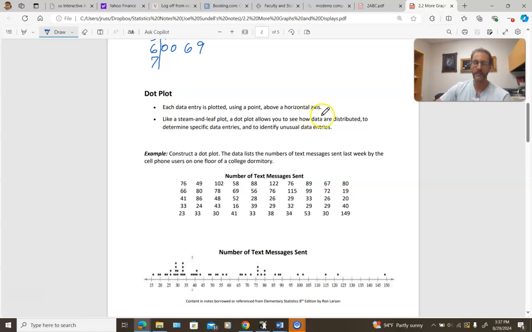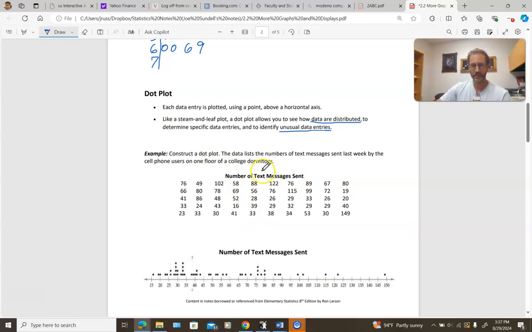And again, this is another great way to see and observe how the data is distributed, and also to observe any what are called outliers. Okay, so this one right over here, the dot right here that represents the data entry of probably 149, that would be an outlier.